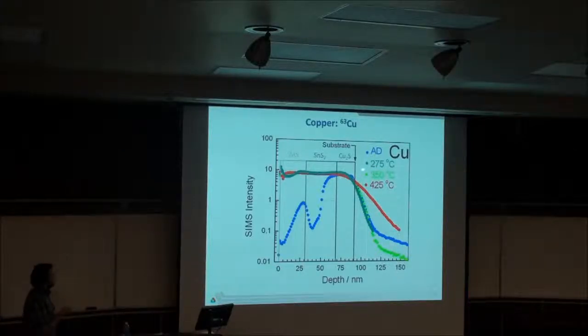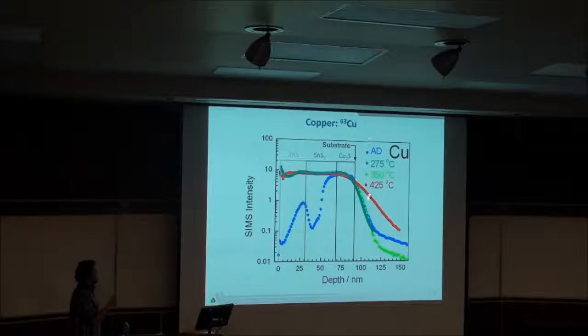So you see that the copper sulfide layer is much thicker than expected, and also it goes all the way through the whole structure. So copper is very diffusive, which means that it's very natural that when we heat the structure up to 275 C, we already see that copper is evenly distributed through the whole bulk of our solar cells of the CCTS.